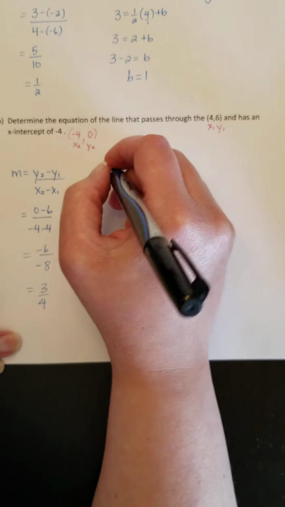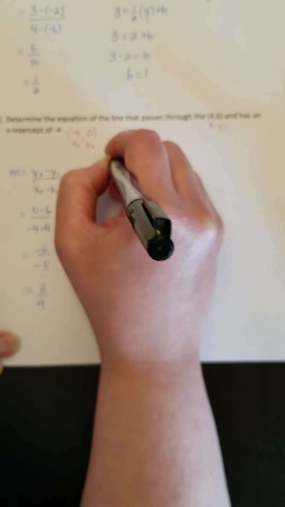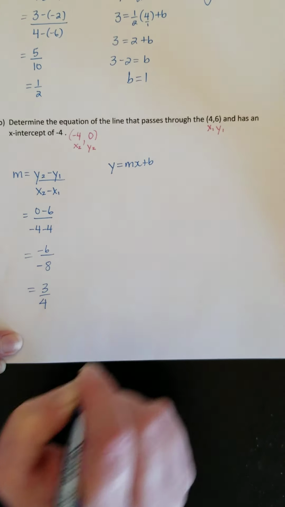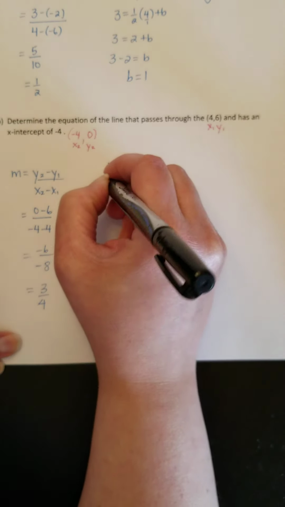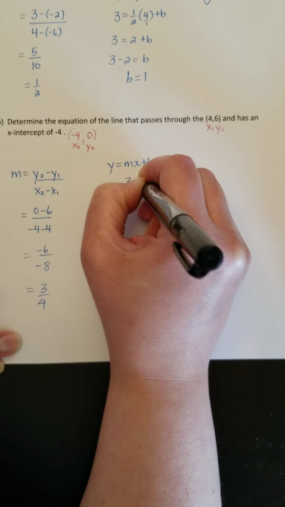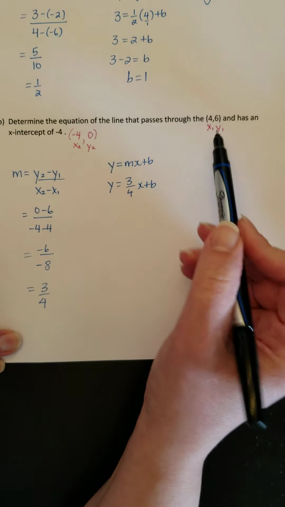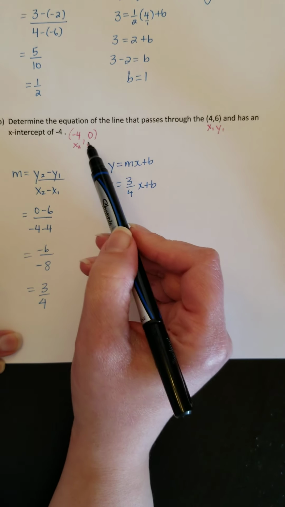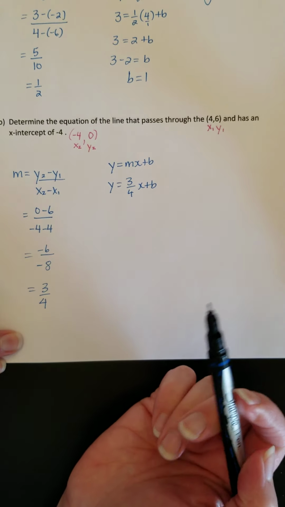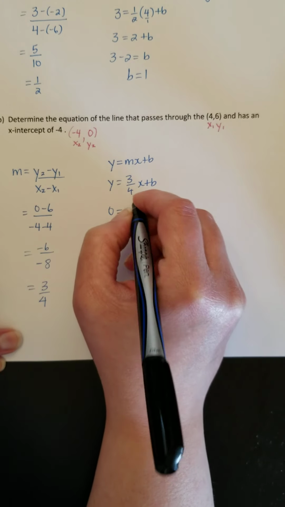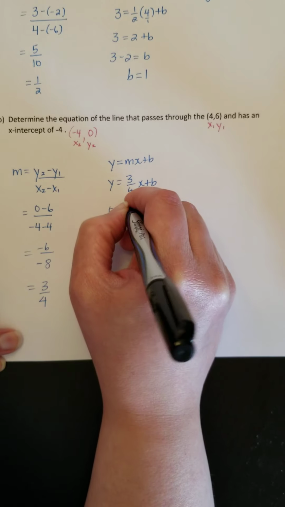Now I need to find my b. So I'm going to write out the equation, y equals mx plus b to start. And my slope is 3 over 4. And remember, you can choose either one of these 2 points to put in. I might pick this one because I feel like the 0 maybe makes it a little bit easier. So y is 0 and x is -4.